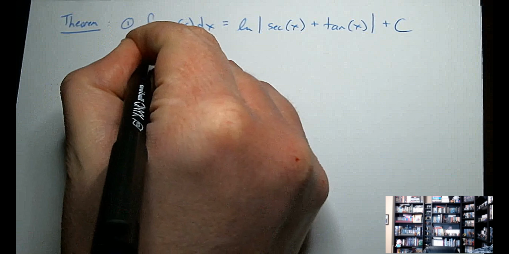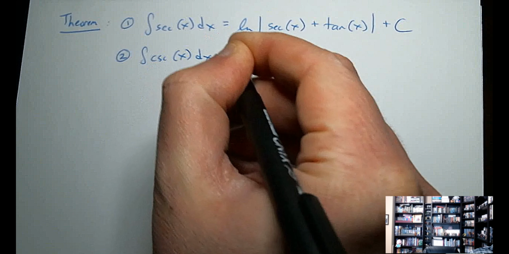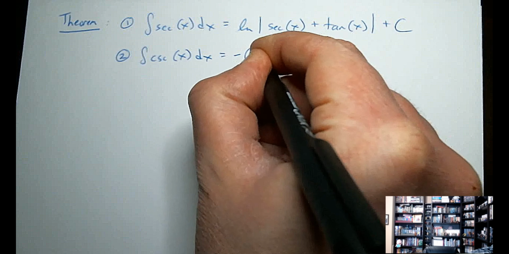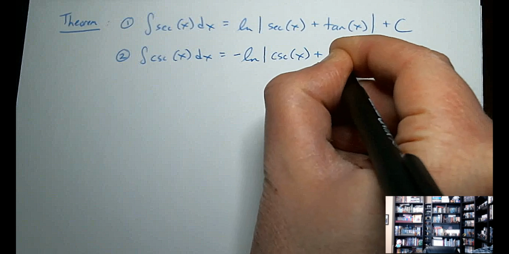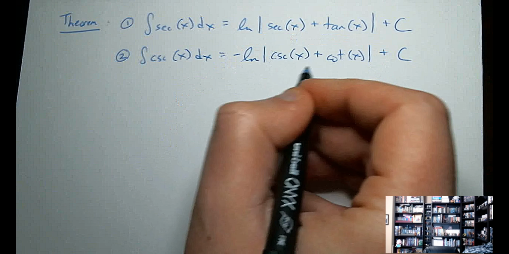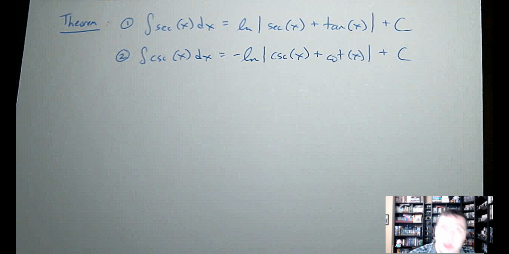And then the result for cosecant, there's actually a couple of forms of this that you'll commonly see. You could write it as negative the natural log of the absolute value of cosecant plus cotangent plus c. So the same form in both cases, just this one gets the negative in front. But you can also manipulate that.